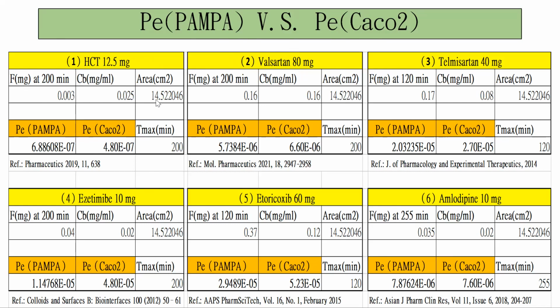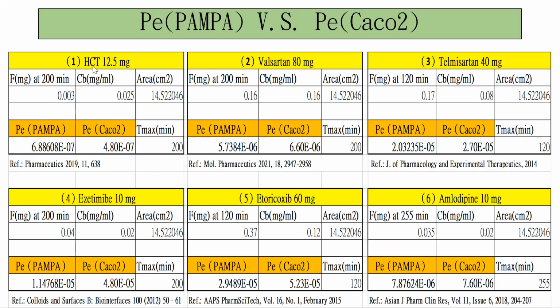So with these, we can calculate based on F equals CB times PE times A. We can calculate the PE easily, right? So the PE here is calculated based on these upper 3 numbers and becomes like 6.8 times 10 to the minus 7. The KCO2 value reported by such article is 4.8 times 10 to the minus 7.